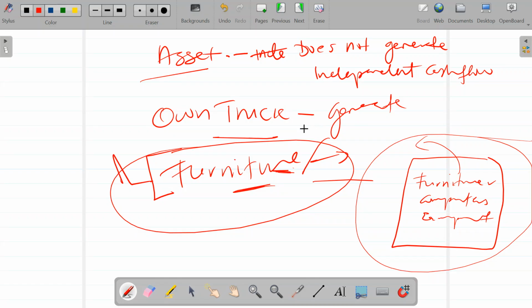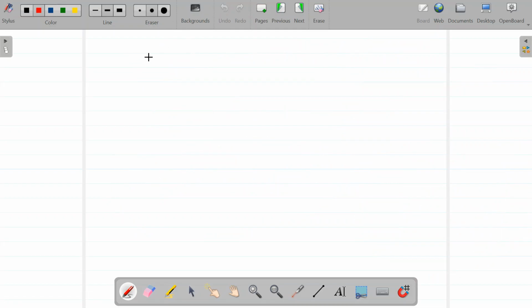So let me take it again. There are some assets that can generate cash flows on their own. Example, if you have a delivery truck, you can use it to deliver goods here and there, convey goods, materials. You can trace the cash flows.